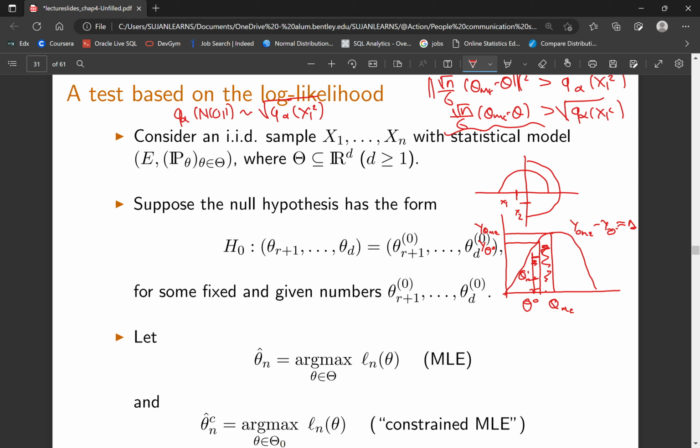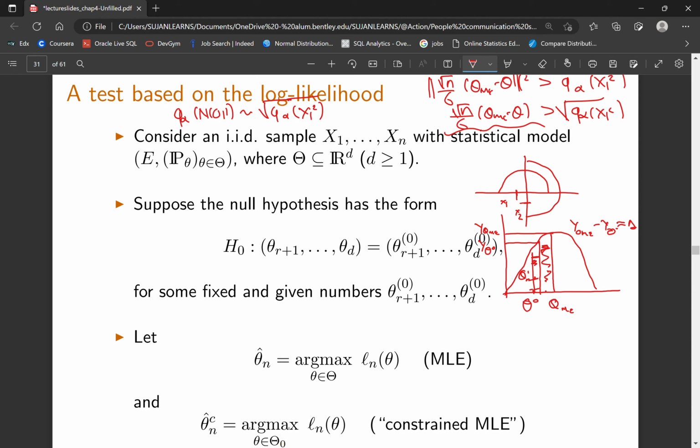For this test, we have a general setup where we have x1 through xn as random variables with a statistical model, a sample space E, and probability distribution P theta naught, where theta naught is a parameter in d dimensions. For the null hypothesis, we are saying that we have a variable r.